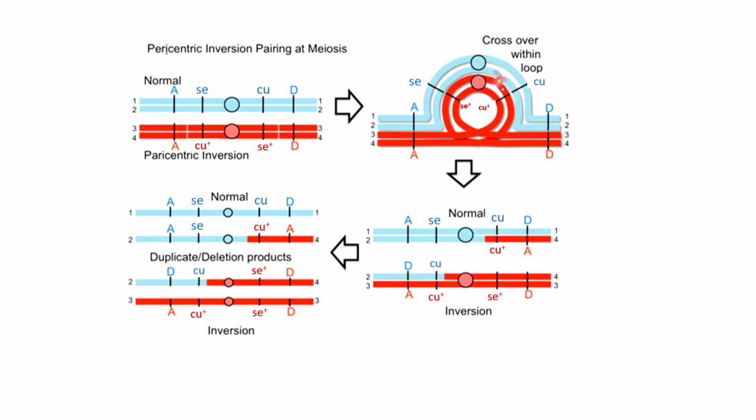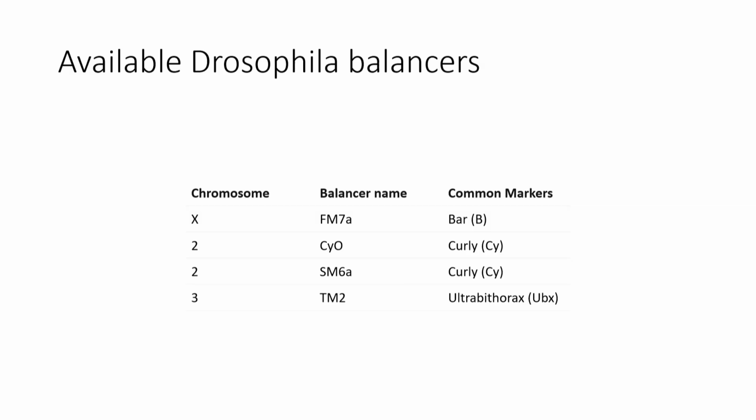When this pairs, again the result is Se Cu, which we want to keep together. The other gamete will be Se Cu plus, here Cu plus Se plus. So these will die. So the result is we can keep the two mutations together without any problem.